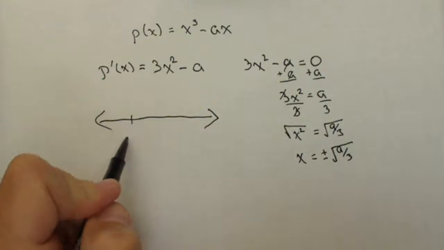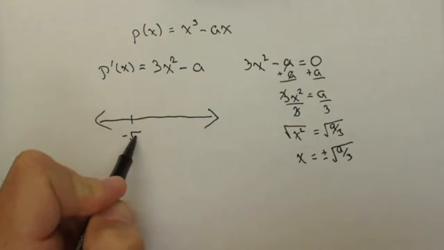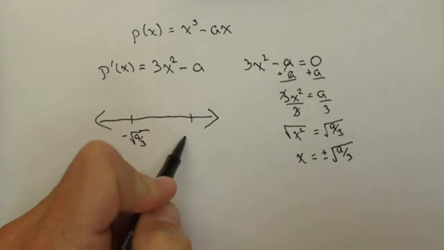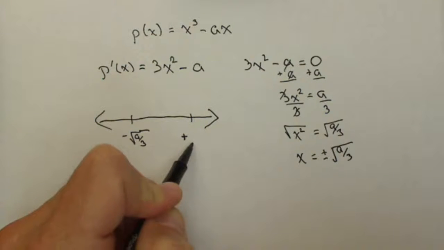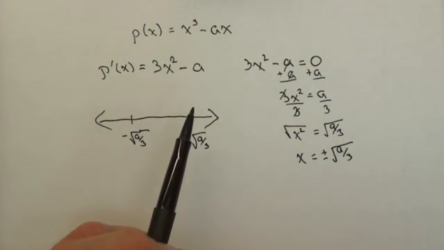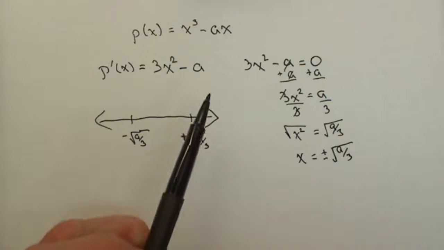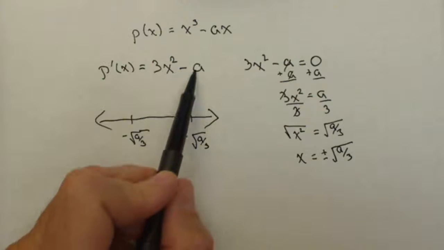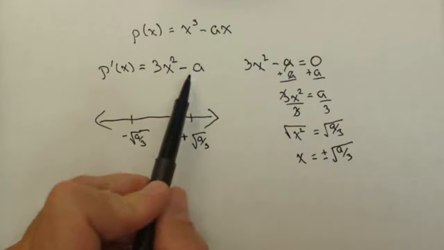So we'll put one in here at negative square root of a over 3 and one at positive square root of a over 3. Now we're going to assume that a is positive. We'll talk about what happens when it's negative in a second. So if a is a positive value, we're subtracting it off.